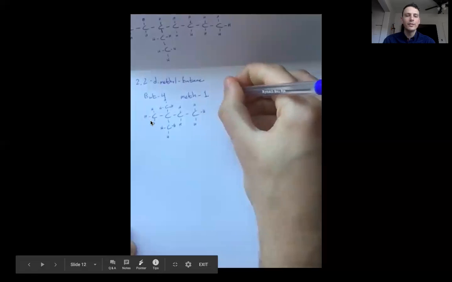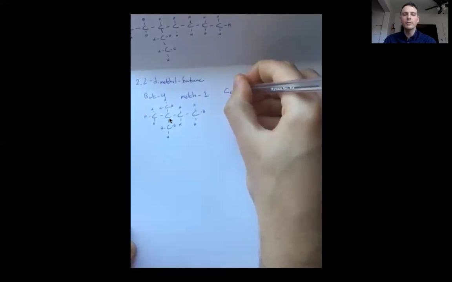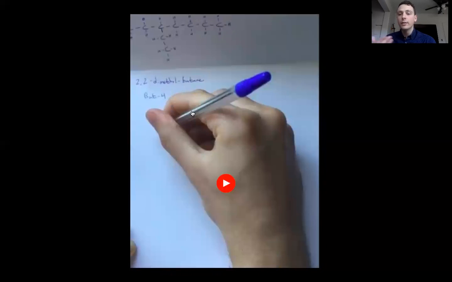And this is 2,2-dimethylbutane because I have 2 methyl groups coming off of carbon number 2 of my butane chain. And again, you can find out the molecular formula using the equation or by counting each individual atom.